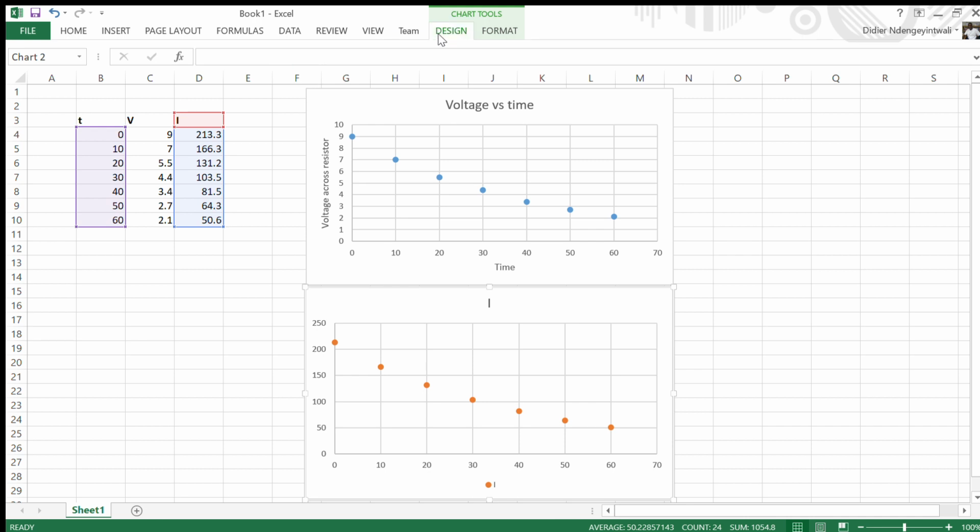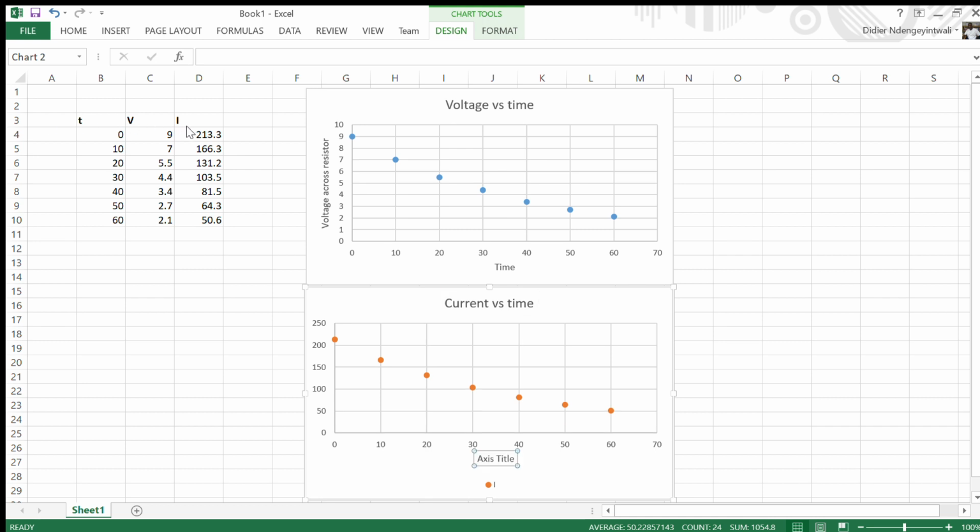Title, chart title, current versus time, the horizontal axis corresponds to time.